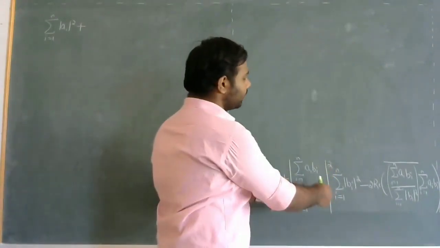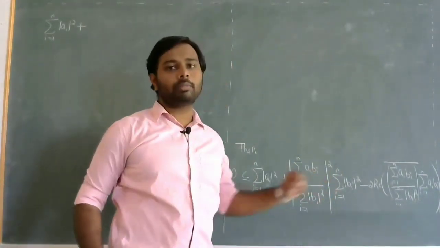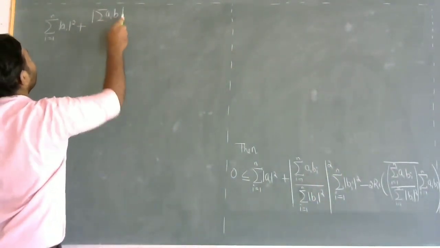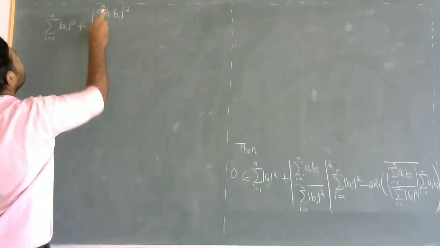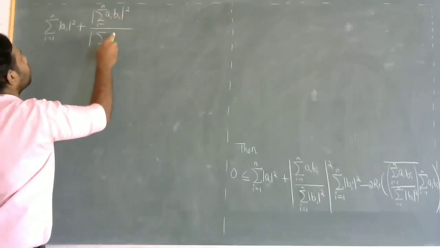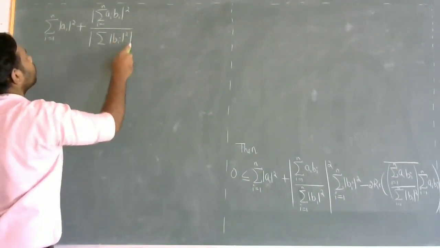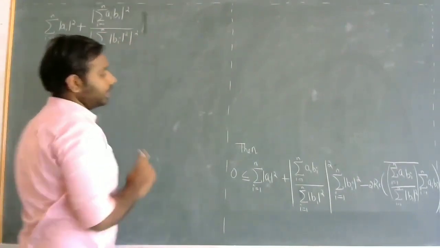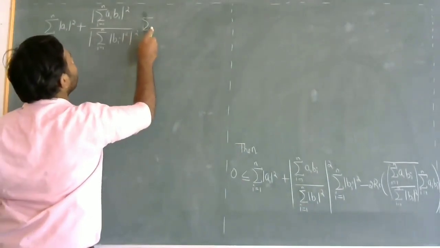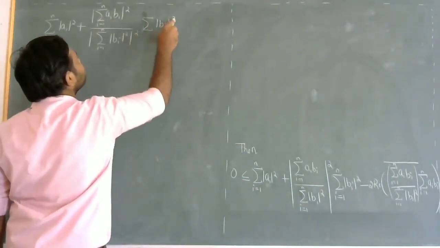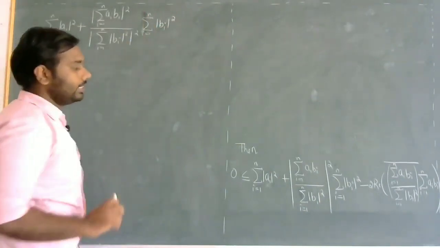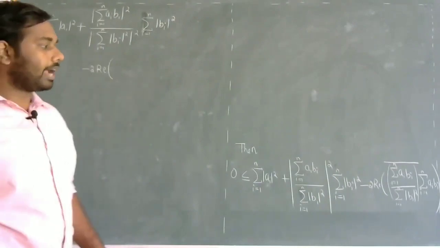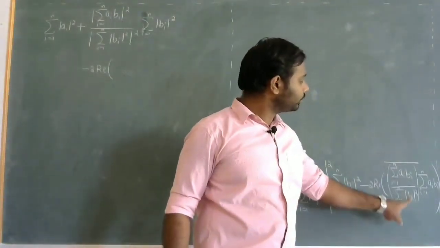So it will be modulus of the numerator square divided by modulus of the denominator square, into what we have, summation modulus of bi square, i running from 1 to n, minus 2 times the real part of the quotient of the conjugate.